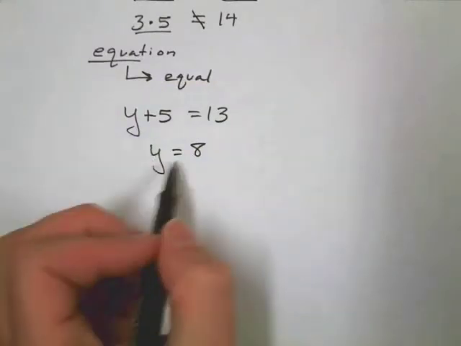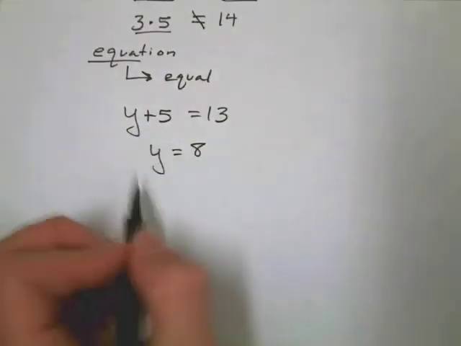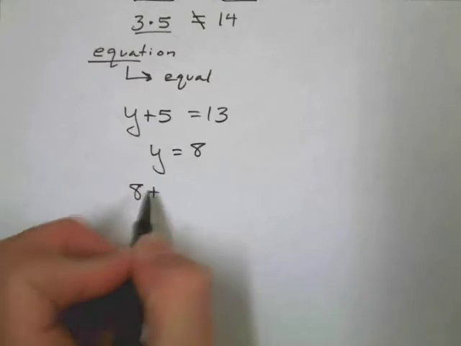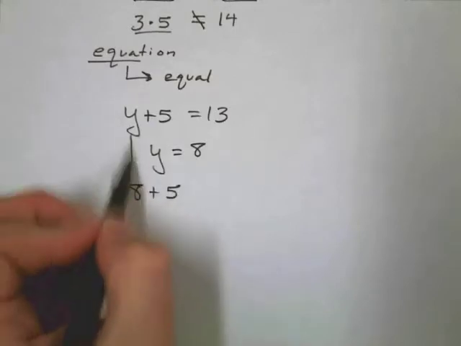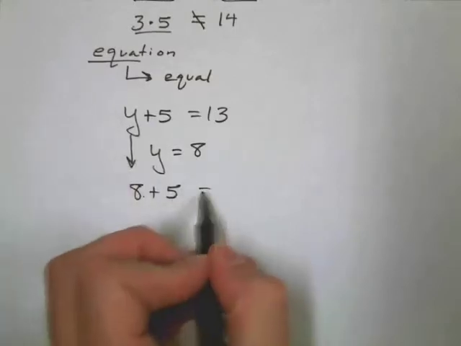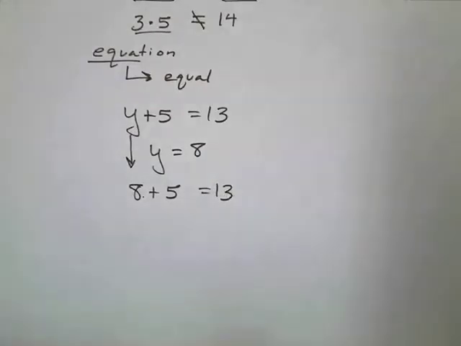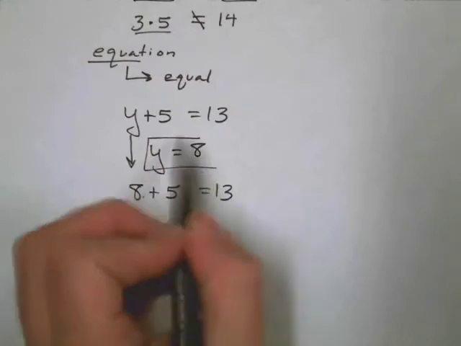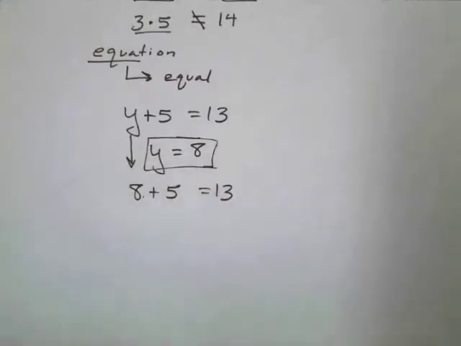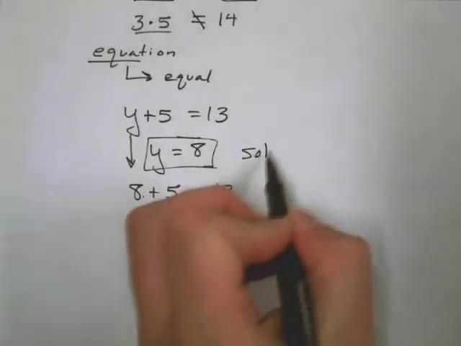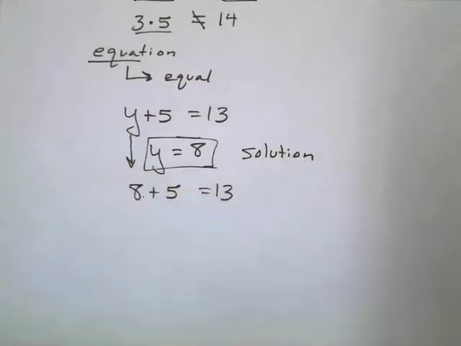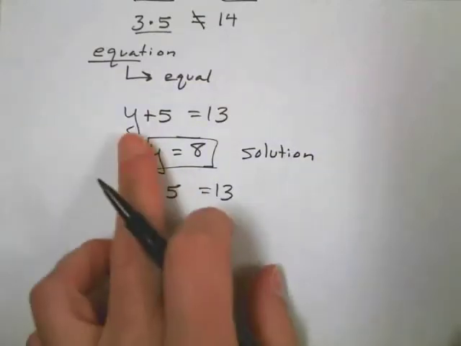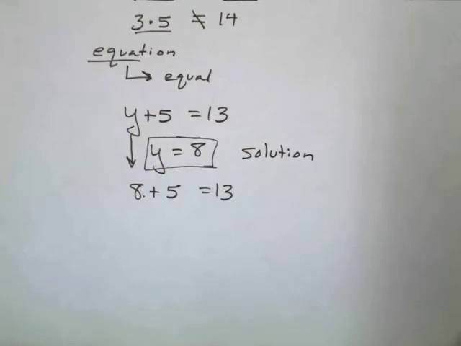Well, if y does equal 8, we can put in 8 for y, so 8 plus 5 equals 13, and 8 plus 5 does equal 13. So therefore, y equals 8, we would say that that's a solution for this particular algebraic equation.